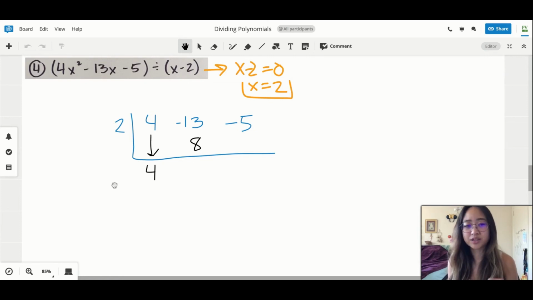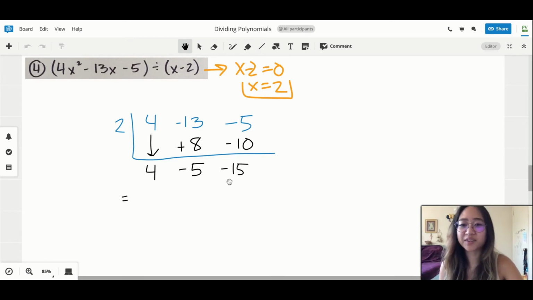With long division, we're used to subtracting the numbers that we put, but in this case, remember to add it. So it'll be negative 13 plus 8, and we get negative 5. So now negative 5 times 2, we get negative 10, and adding these, we get negative 15.